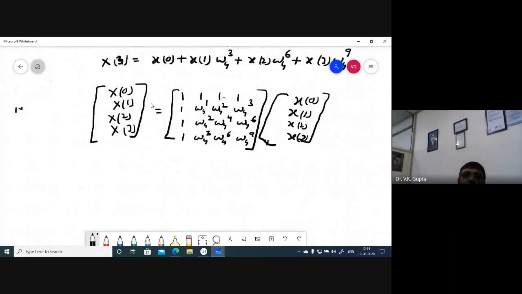So now we can easily solve for the x0, x1, x2 and x3 points. But the problem is the value of W41, W42, W43.